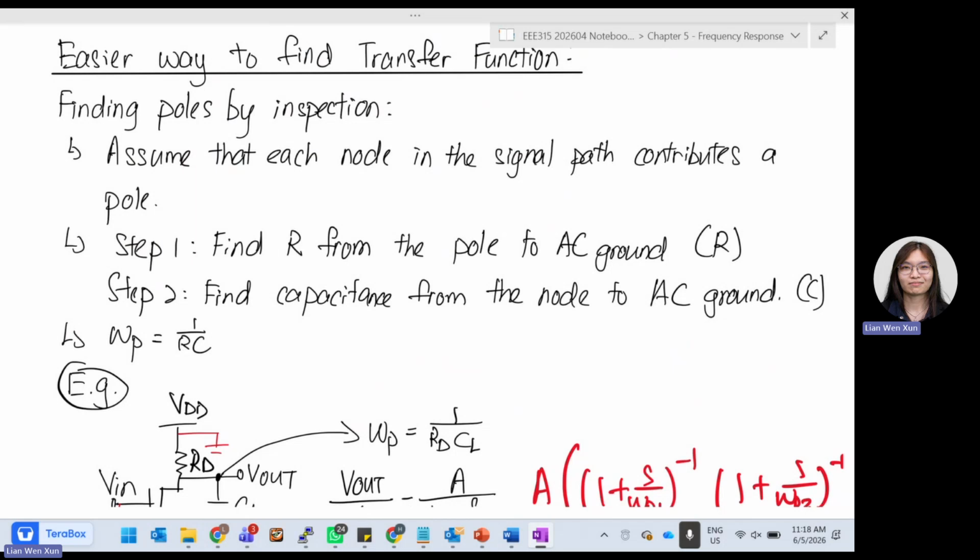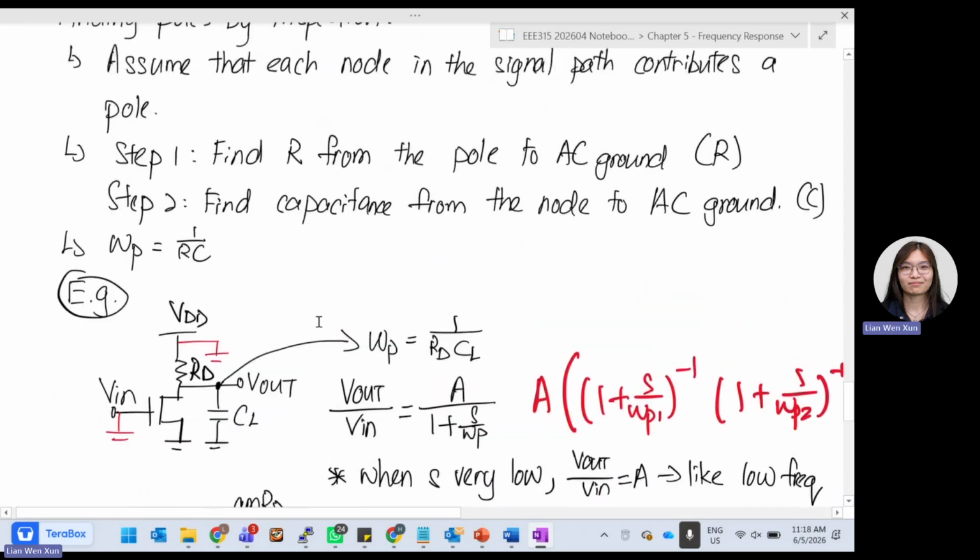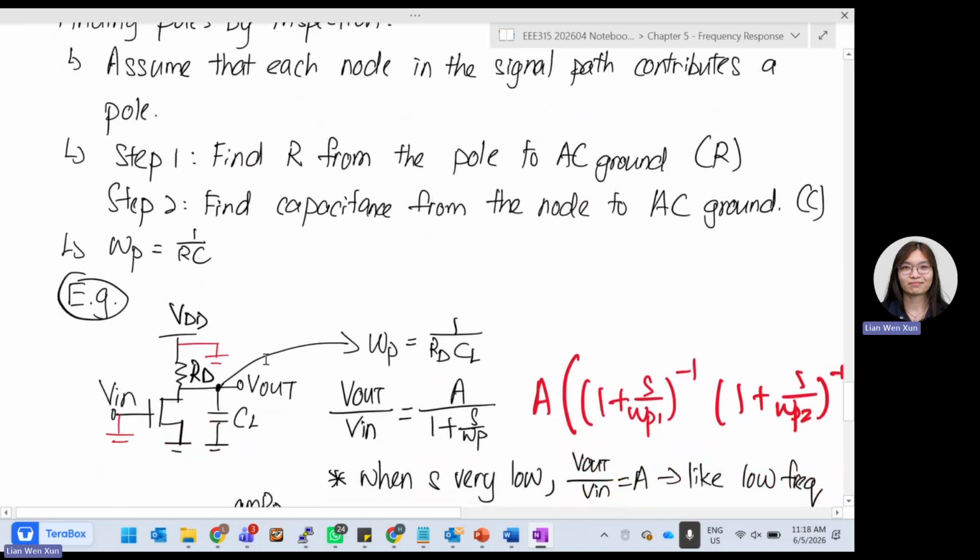So first thing is, I give you a circuit. So let's say it's this circuit. You need to assume that every node in the signal path contributes to a pole. So how do we define a node? As long as there are two things connected to it, it is a node already.